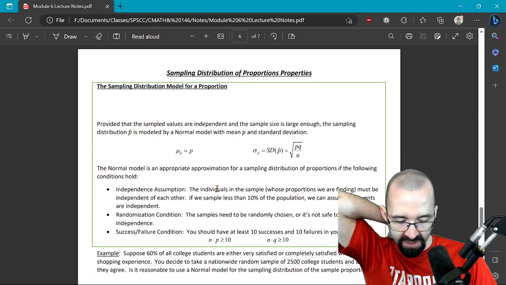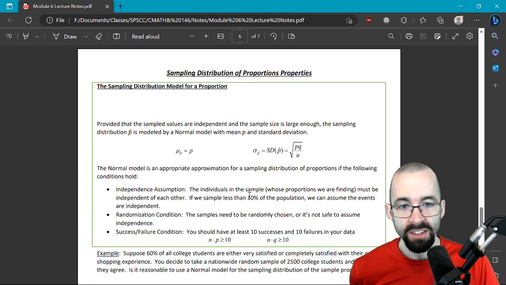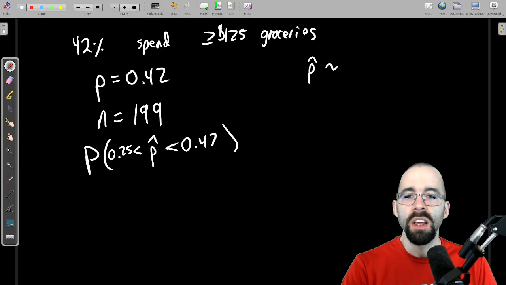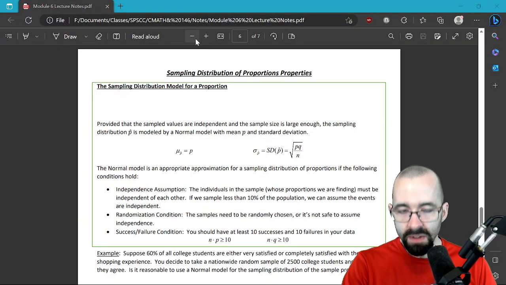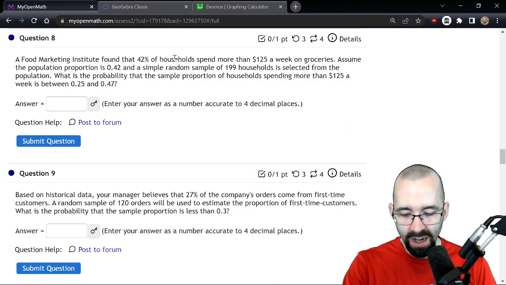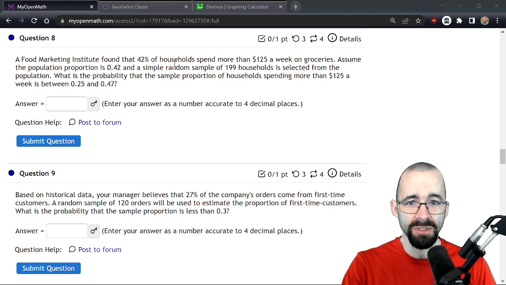We need independence. Again, this mentions the 10% condition right here. And we can assume the 10% condition because we're only looking at 199 people, but we're talking about households in the United States, presumably. Yeah, 199 is less than 10% of those households.